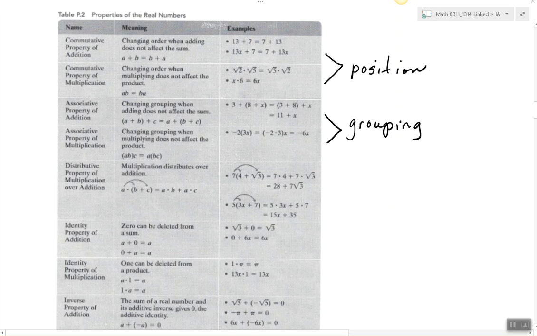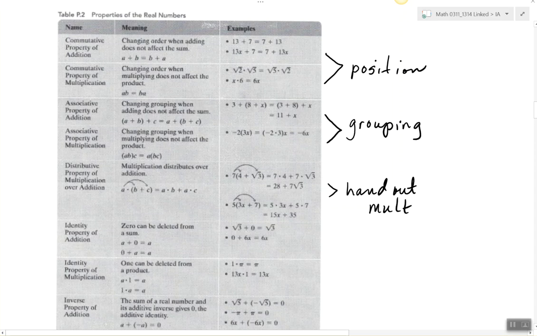The distributive property of multiplication over addition says that if you have a number on the outside and a sum or difference inside, you can distribute that. So this is going to hand out multiplication to everything that's inside.